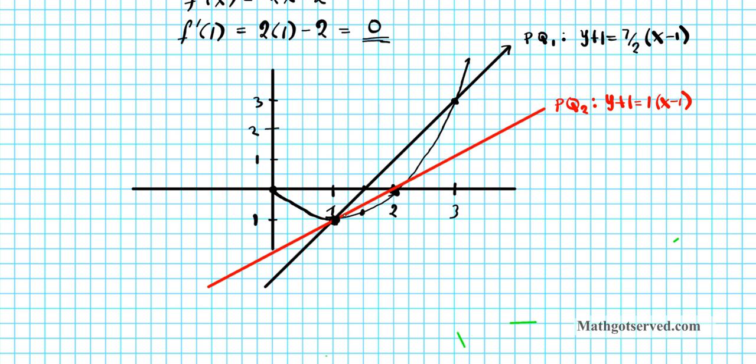What you see here is that the secant line is actually approaching the tangent line, okay? Let's write down the equation of that line. So this is PQ sub 3, and the equation of this line is y plus 1 equals 1/2 times x minus 1. All right?